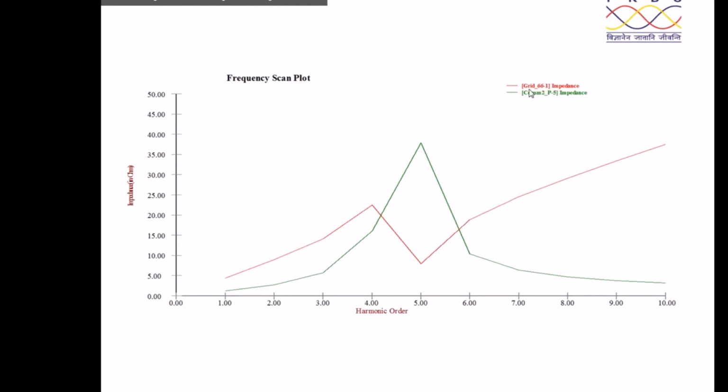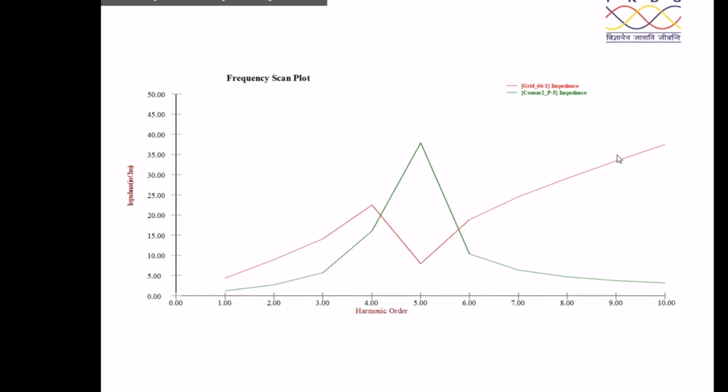Therefore, the grid 66 kV impedance is shown in red color. In the frequency scan with respect to the harmonic order, if you see, the impedance started increasing up to the 4th order harmonic. At the 5th order harmonic, that is at 250 Hz, impedance is minimum.